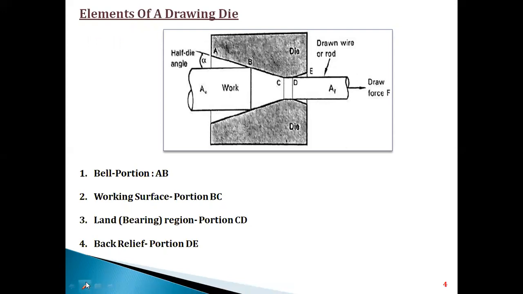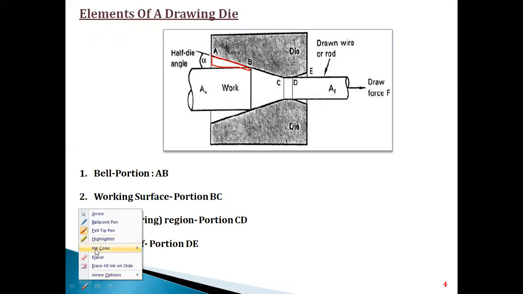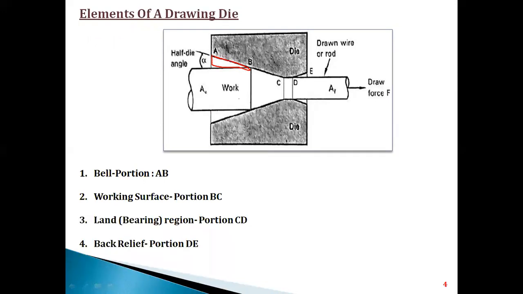The first element is the bell portion, from A to B. Then comes the working surface, from B to C.